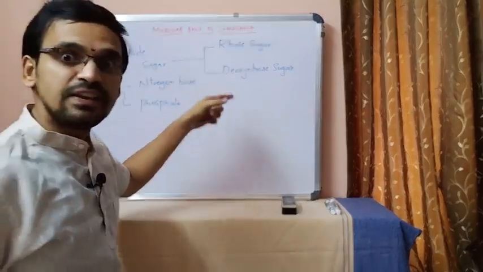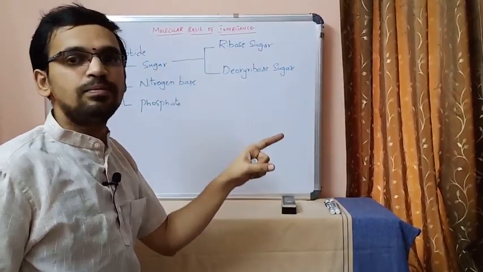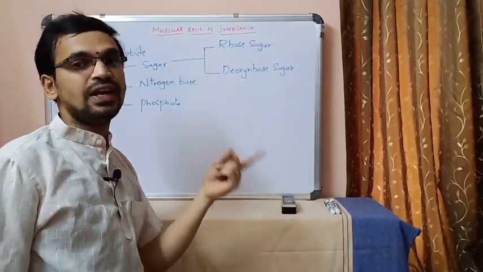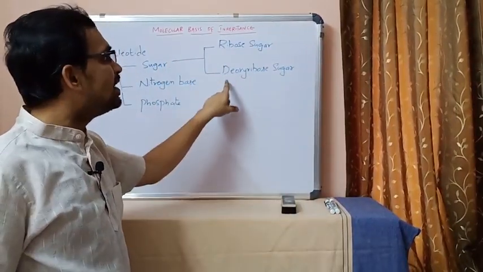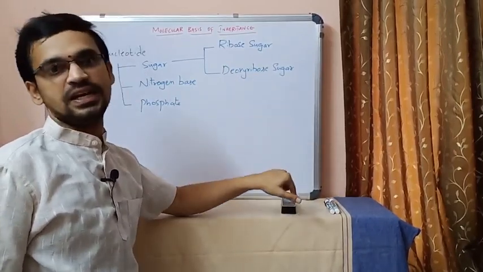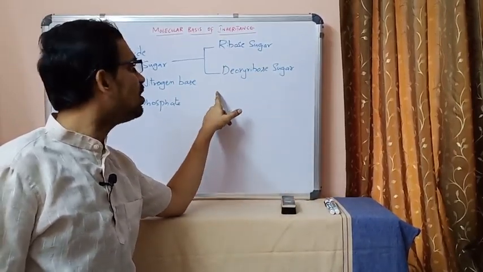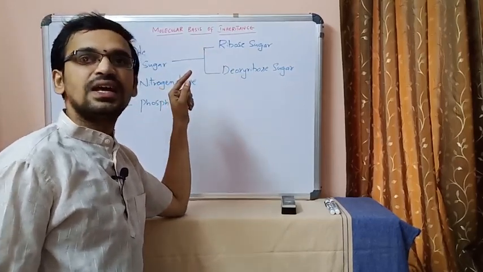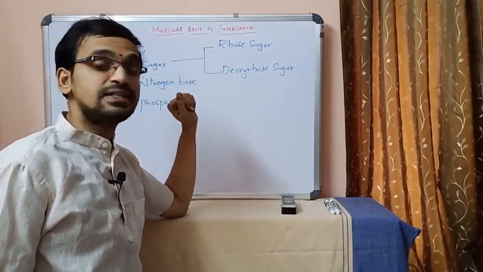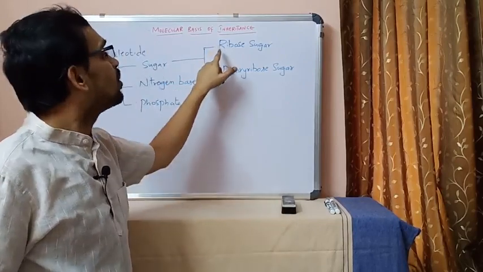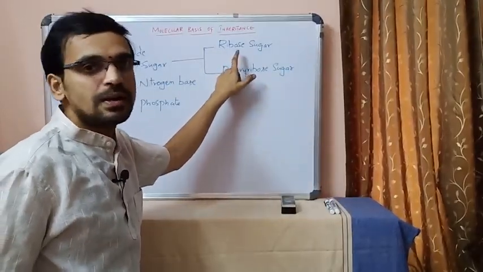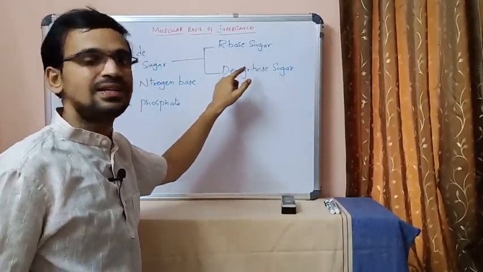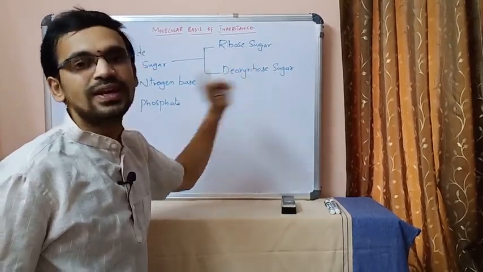That's why the name itself indicates deoxyribonucleic acid. Why is it called deoxyribonucleic acid? Deoxyribose sugar is present in the DNA molecule, hence it is called deoxyribonucleic acid. RNA is ribonucleic acid. Why? Because ribose sugar is present in that molecule. Hence it is ribonucleic acid.